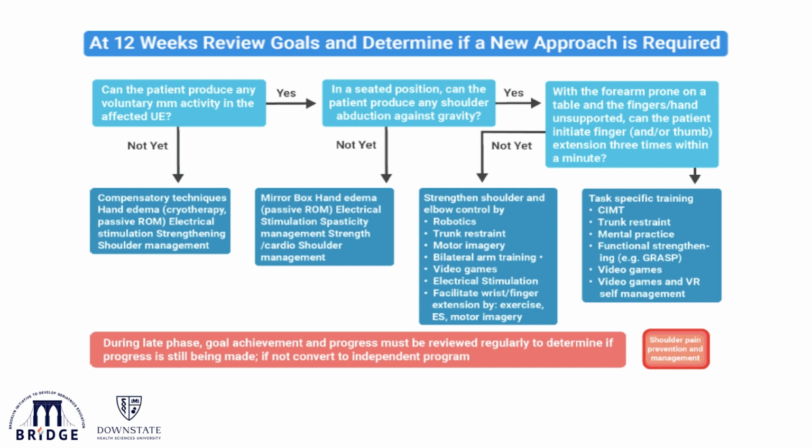If they can move somewhat now with their shoulders into abduction or moving their arm away from their body, you can then start thinking about more strength training. You can think about doing some aerobic exercises for that shoulder. And then you want to still continue to see if they have some of that hand function available or not, and you continue with the interventions that will be most appropriate for that person at that 12-week time frame.